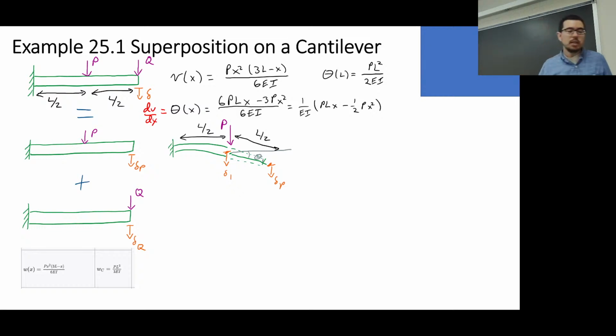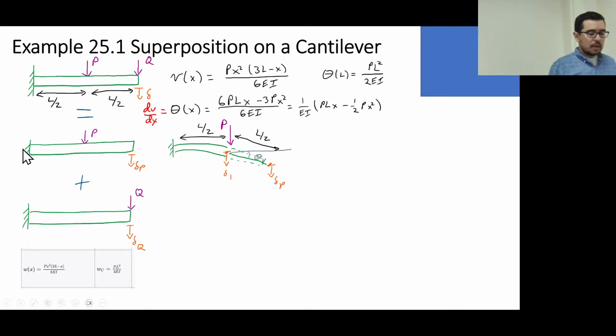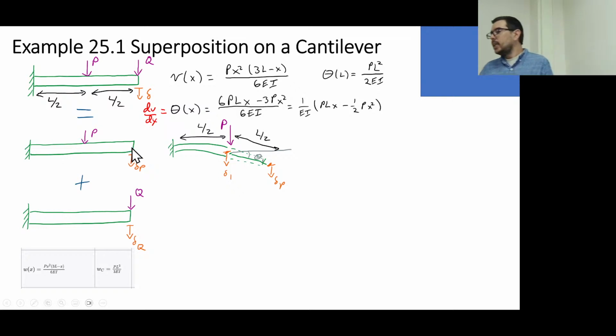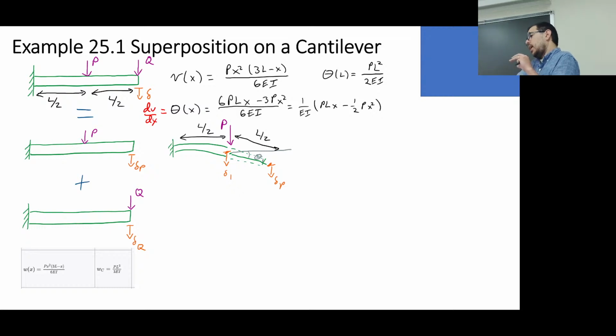So this one, there's no additional deformation from this point to this point, meaning the beam is just hanging out, but it's not experiencing a further deformation. It's just along for the ride, but it has a slope associated with it.